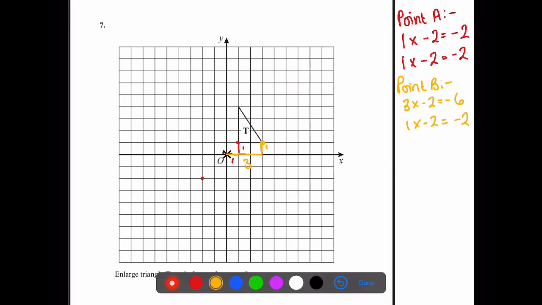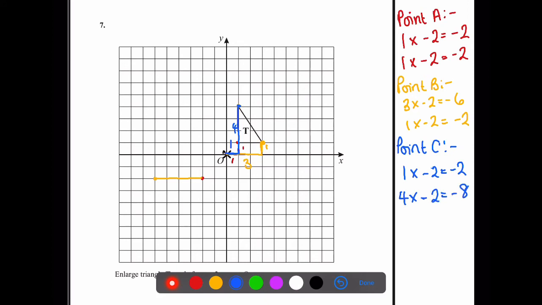So now we actually do know that that is the baseline. We're just going to find this point now. Let's do that in blue. So to get to there, it's across 1 and up 4. So for point C, it's 4 times, sorry, no it's not. We're going to do the x-axis first, remember, this one always first. 1 times -2 and 4 times -2.